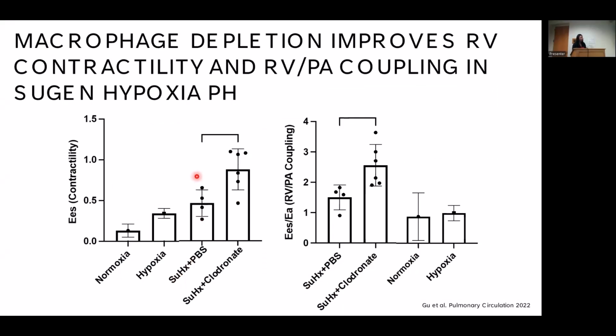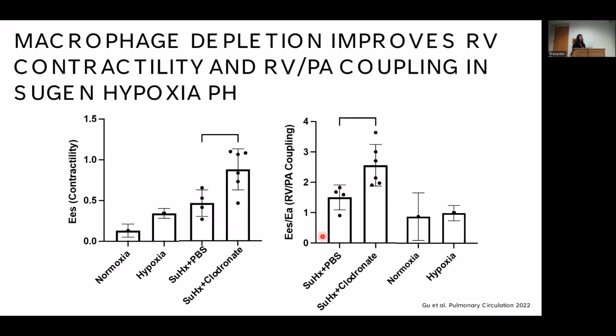So we found that using intracardiac catheterization, we could measure the contractility in the clodronate versus the PBS-treated rats. Again, I'm losing my significance markers for some reason, but there was a significant increase in contractility in the right ventricle of the clodronate macrophage-depleted rats. And there was also an improvement in the right ventricular-PA coupling.